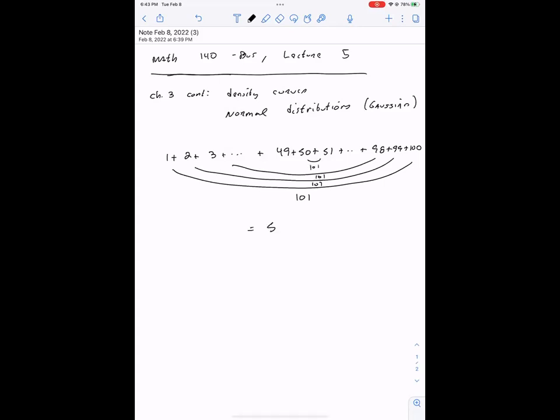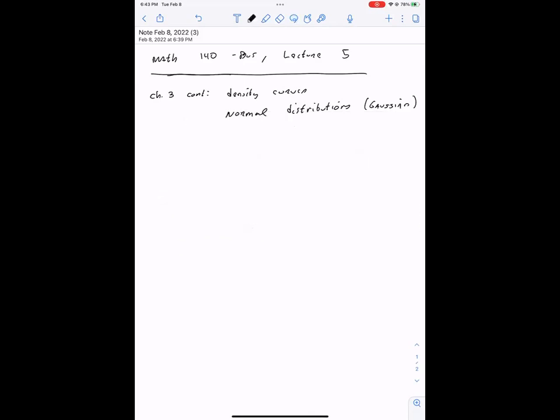So this is just 50 copies of 101, which is 5,050. Now, in the grand scheme of mathematics, this is not really that sophisticated, but when you're on your first day of school and you've never learned anything before, education-wise, coming up with that is quite an achievement, I think. And Gauss is considered by many to be the greatest mathematician who ever lived.